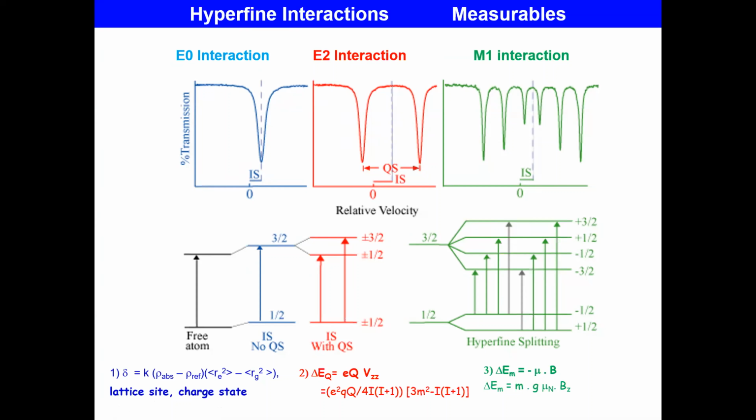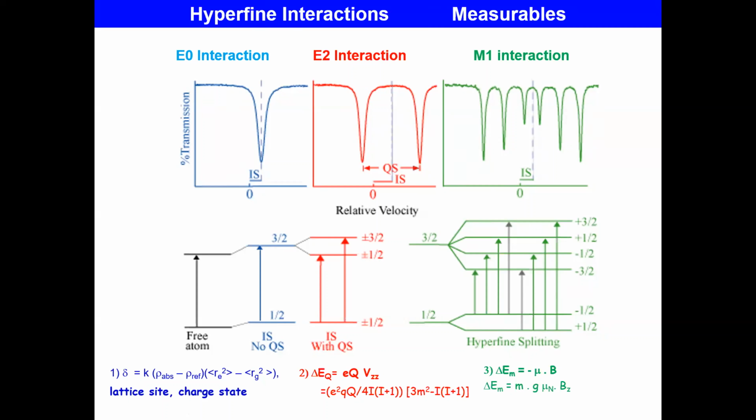It just depends on the charge density around the nucleus in an absorber compared to the charge density around the nucleus in a reference material, multiplied by the mean square radius of the nucleus in the excited state minus the mean square radius in the ground state.